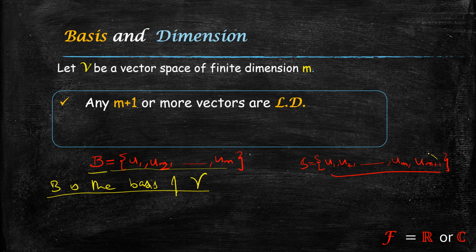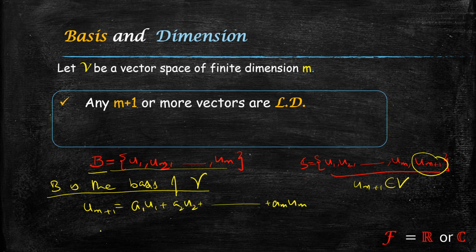That means this u(m+1), which also belongs to V, can be written as a linear combination of vectors u1, u2, and so on. So I rewrite this equation as a1 u1 plus a2 u2 plus and so on, plus am, minus 1 times u(m+1) equals 0.